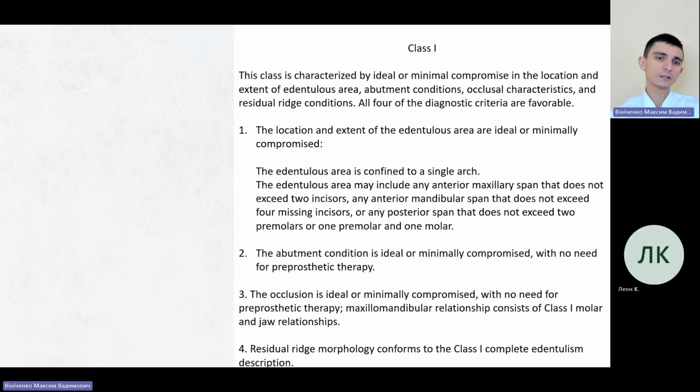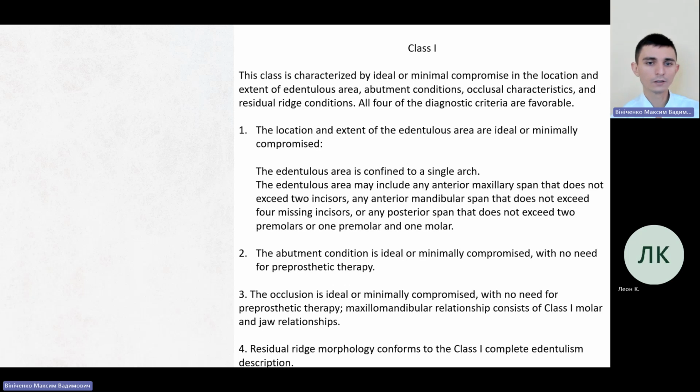Class 1. This class is characterized by ideal or minimal compromise in the location and extent of edentulous area, abutment conditions, occlusal characteristics, and residual ridge conditions. All four of the diagnostic criteria are favorable. The location and extent of the edentulous area are ideal or minimally compromised. The edentulous area is confined to a single arch.